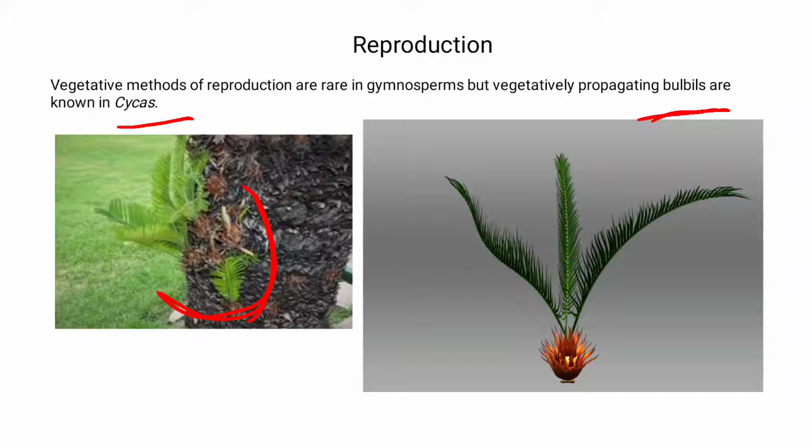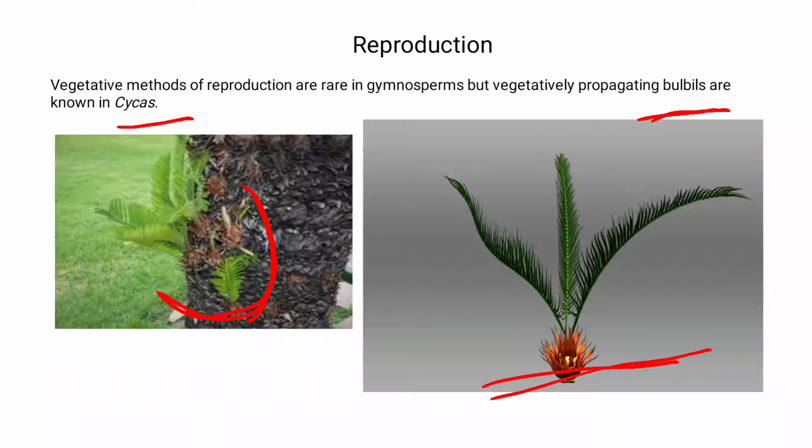Once these vegetative reproductive structures, these bulbils, have completely developed on the stem, they detach themselves and each bulbil will grow into a new cycas plant. So only in cycas you will find the vegetative method of reproduction, particularly the formation of bulbils on the lower part of the stem.